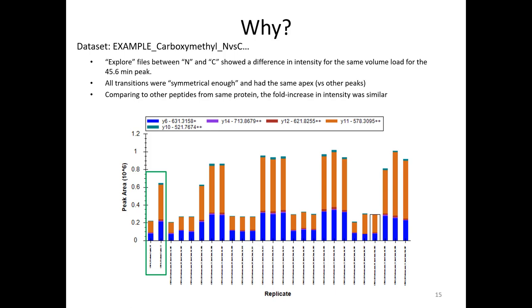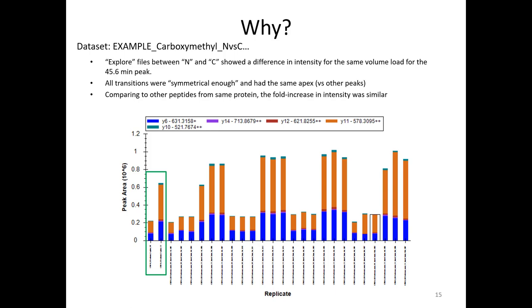So if the protein is changing by 5-fold, the peptides should change by 5-fold. Of course, there are a lot of things that will affect that, but if you see that and all of the peptides from that protein have a similar change in response, then there's a good chance that it's the right peptide. The best way to confirm is by a standard, and then you know for sure, but often that can't be done right at the beginning.